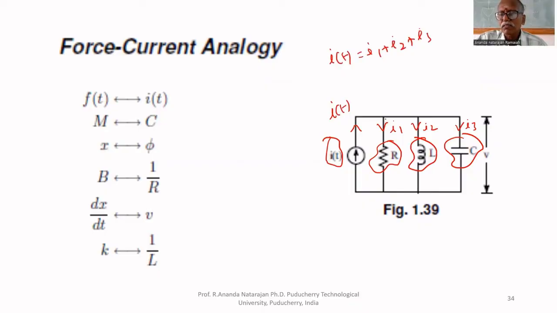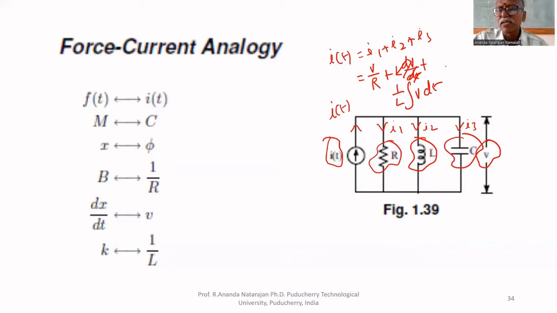What is the current through each path? All are in parallel. That's why the voltage is the same. Voltage across each element is the same. Applied voltage is V. Therefore, I1 equal to V by R. I2 equal to 1 by L integral of V dt, the current through the inductor.